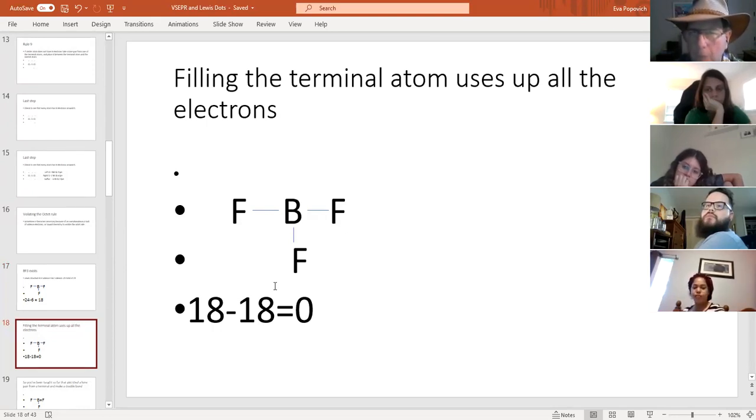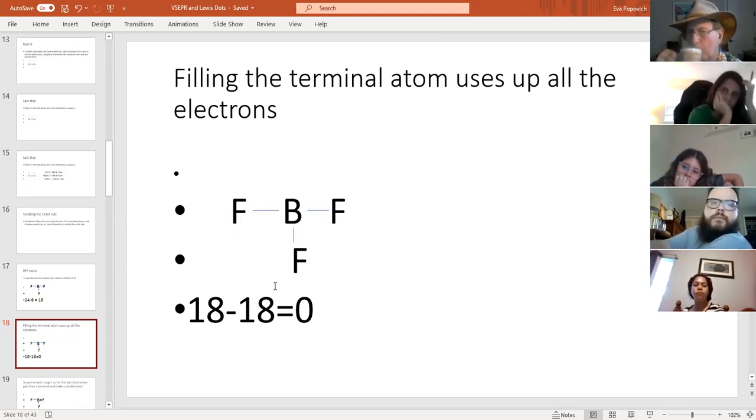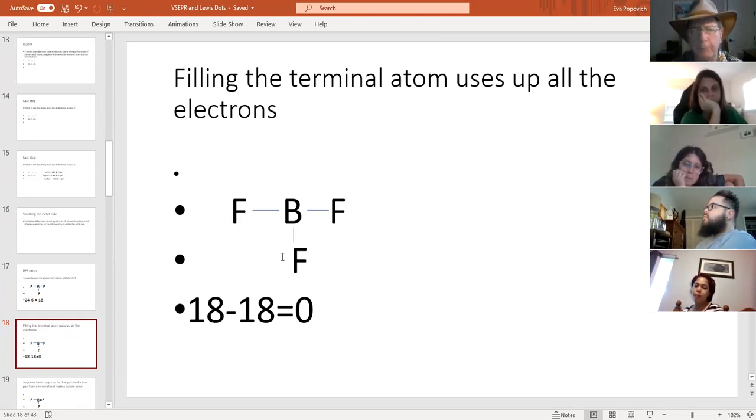Now, the original rules told you to do what? I realize the lone pairs are not drawn on here, but you're just going to have to imagine them for right now. It's the best I can do to draw.